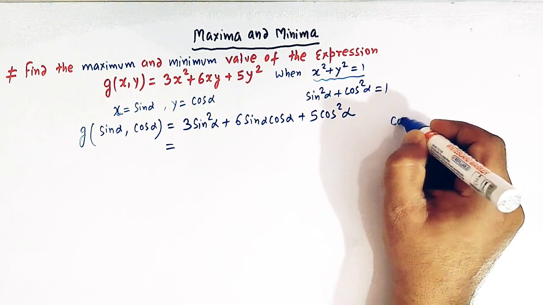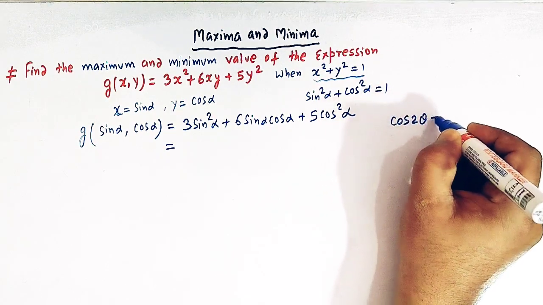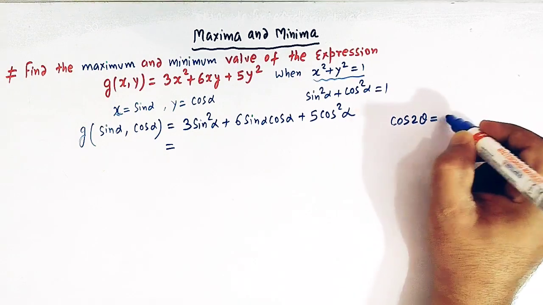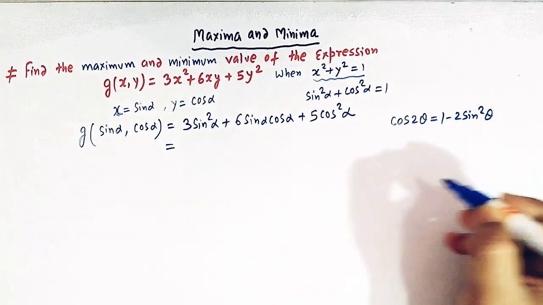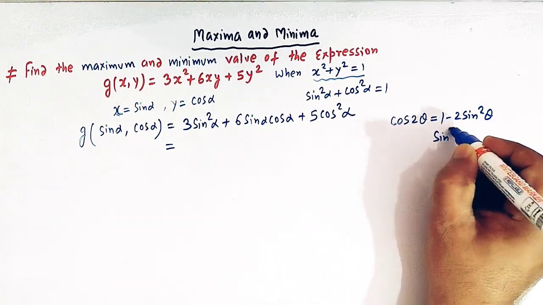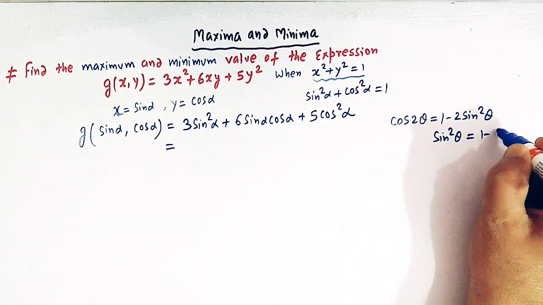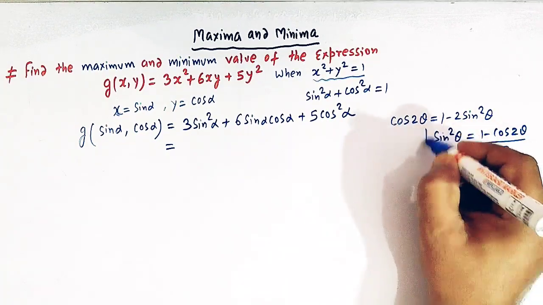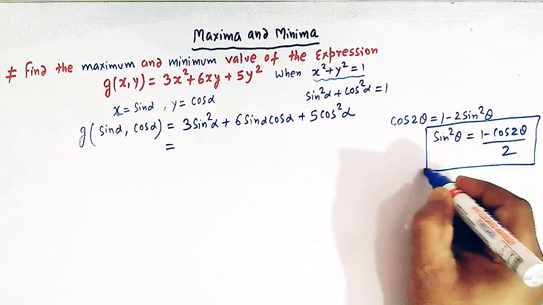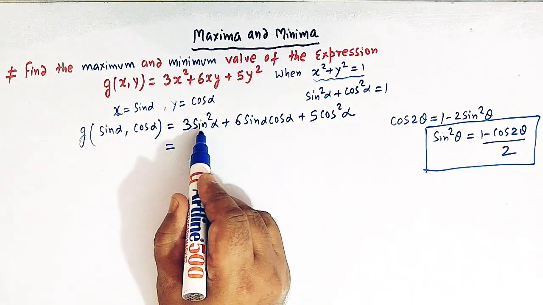So we know that cos of 2 theta is equal to 1 minus 2 sine square theta, right? So sine square theta can be written as 1 minus cos 2 theta divided by 2, right? So this is the first result that shall be used here.